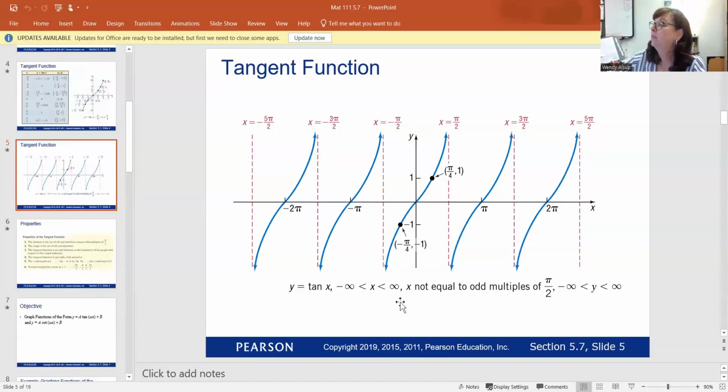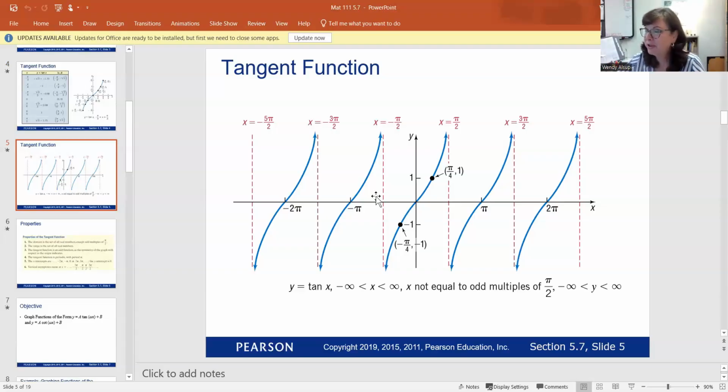Okay, back in the day when we did our tangent function in section 5.7, if you wanted to pull up the slides under content from 5.7, you can see these pictures of what we did. And so our tangent goes up, left to right, and the normal asymptotes are at every other pi over 2.